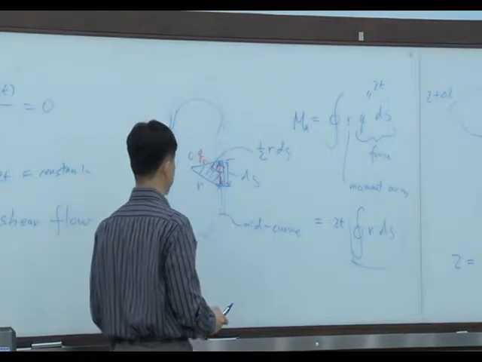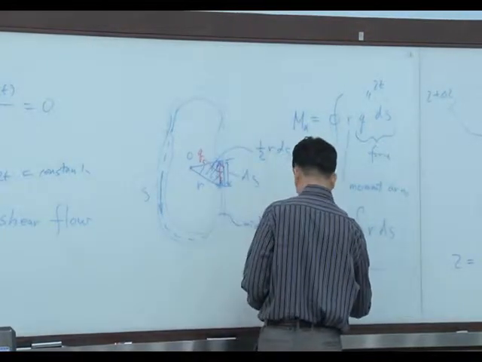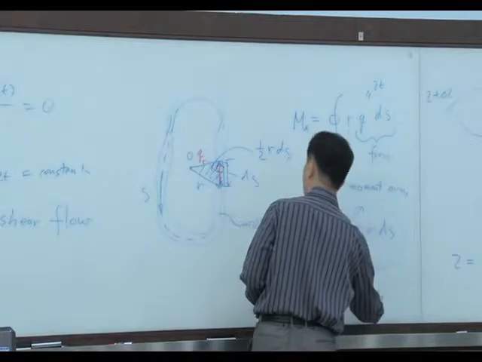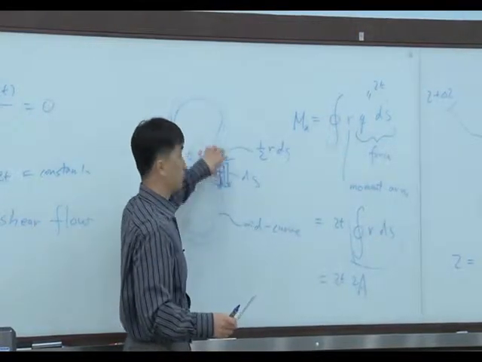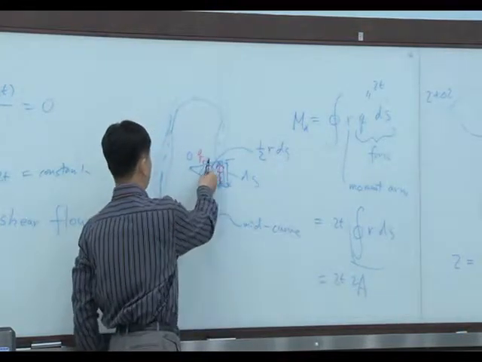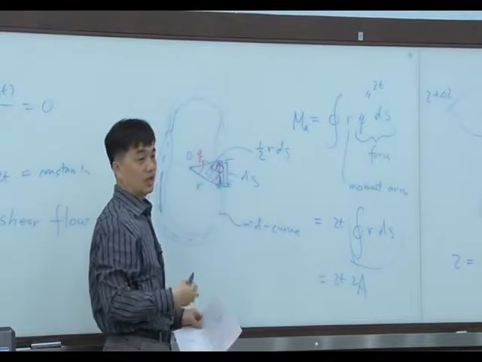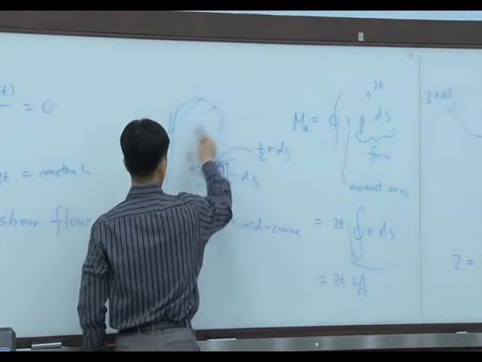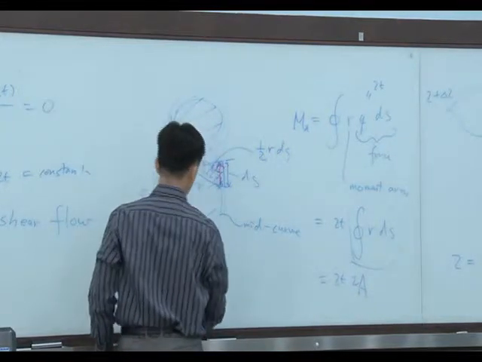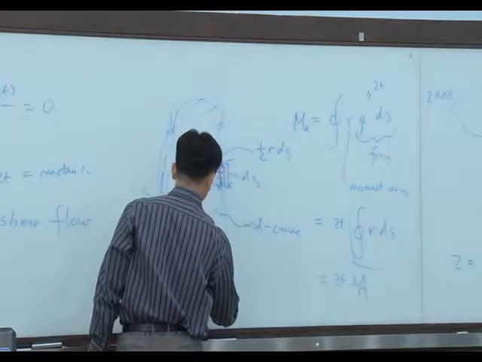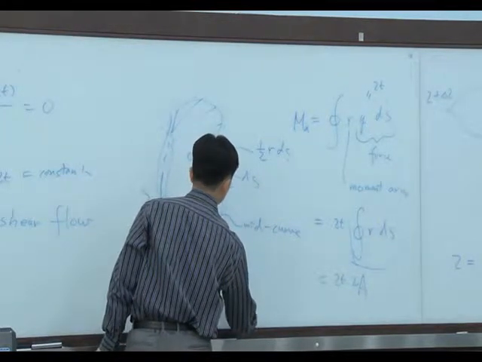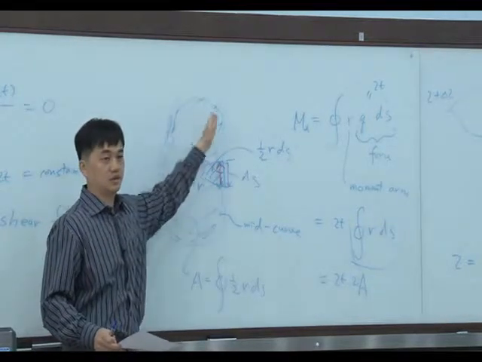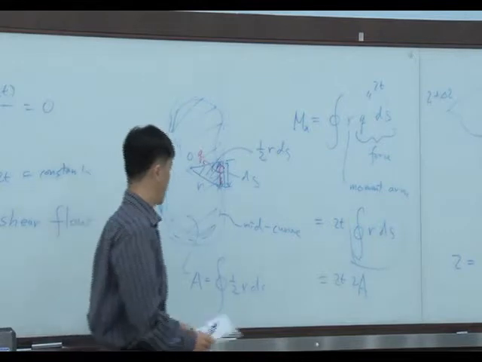So this equation becomes tau t times A. If I integrate all of this triangle along S, we can calculate the area of this closed shape. This area equals the integral of 1/2 r ds.